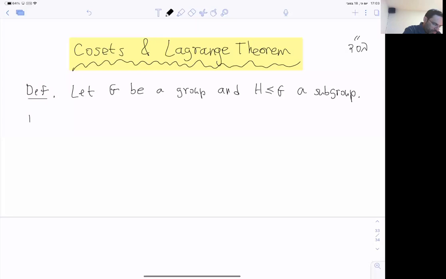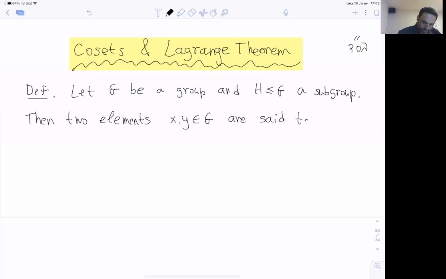Then two elements X and Y in G are said to be congruent from the left, or I would say just left congruent, with respect to H. So it's a long name.